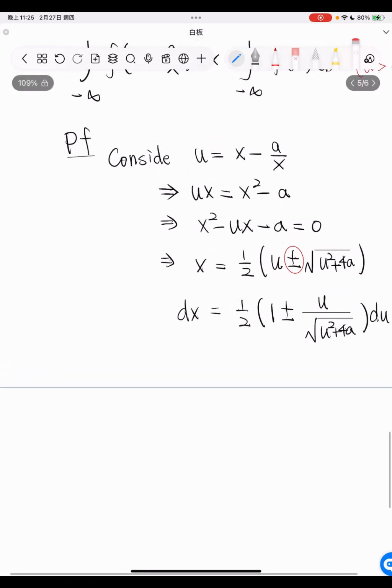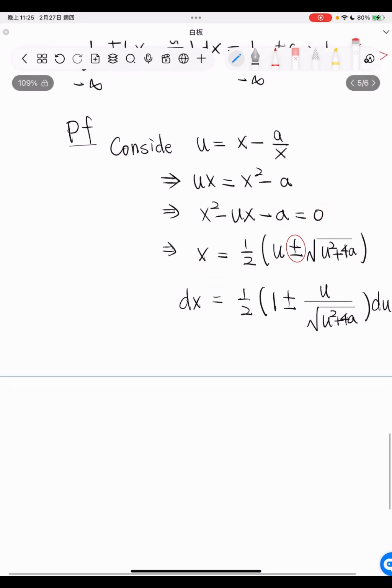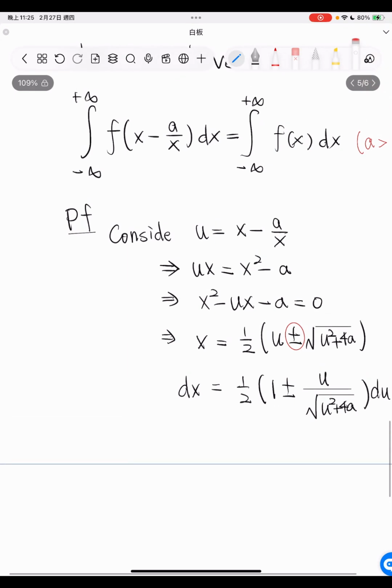So when x is positive, we choose plus, and if x is negative, then we choose minus.